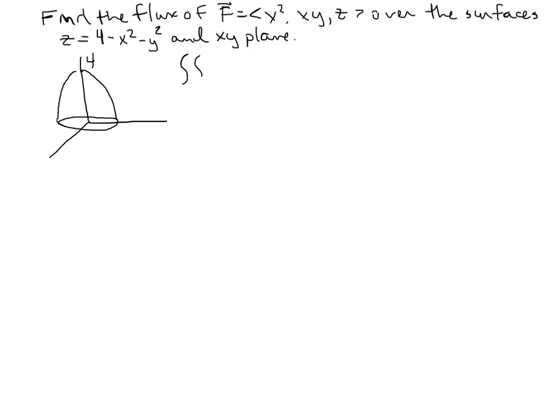So in order to find the surface integral, we're going to do that with a triple integral of the divergence of f. So let's find the divergence of that vector function. And remember that divergence is a function when we take a partial of the x component of f with respect to x, and that derivative is 2x.